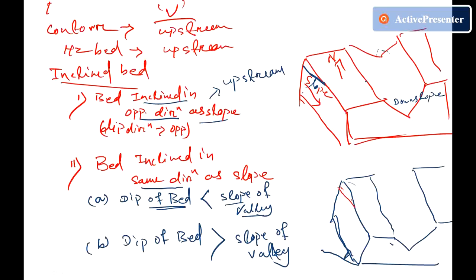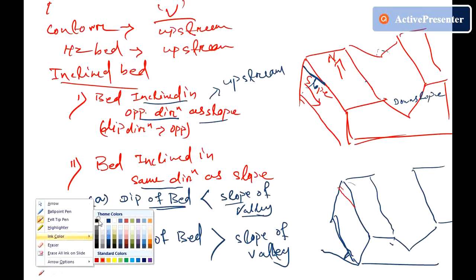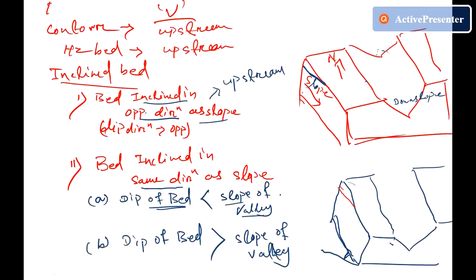Let me draw the horizontal in a different color so that you can mark the difference. This is your delta, that means dip, and this is your theta, which is the slope.